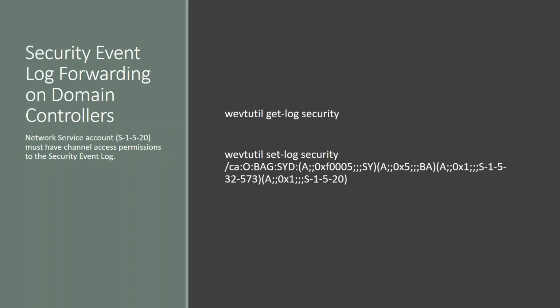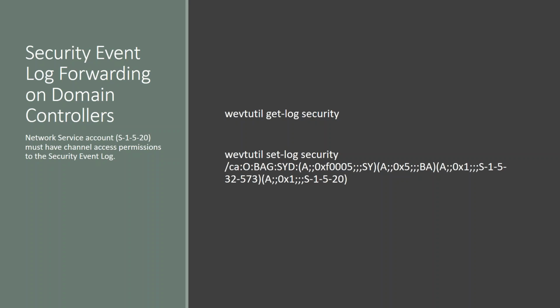You can see the permissions on the security event log by issuing the first command that you can see on the screen there. That will show you the current permissions, and then you need to modify the security descriptor. Unfortunately, it's a little bit complicated, as you can see, but the network service account has a security identifier, a SID, of S-1-5-20.